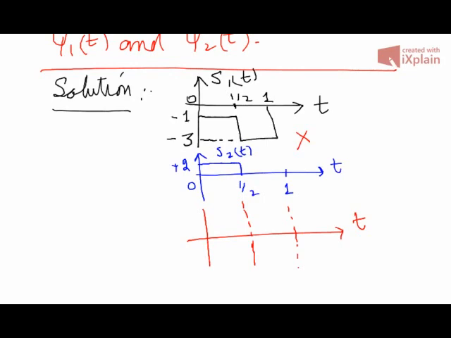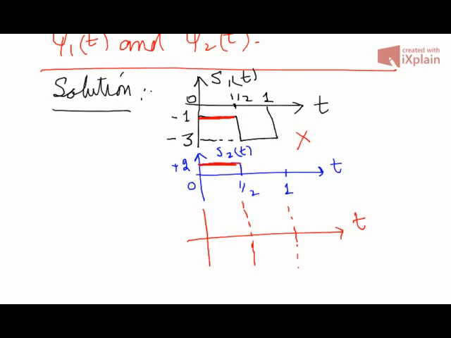S1 of t is -1 from 0 to half, and S2 of t is 2 from 0 to half. If you multiply them, -1 with +2 in this duration, what would you get? You would get -2, right?